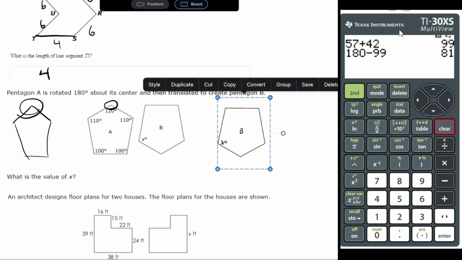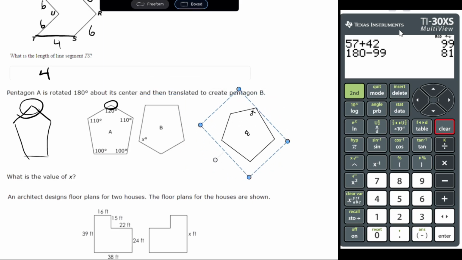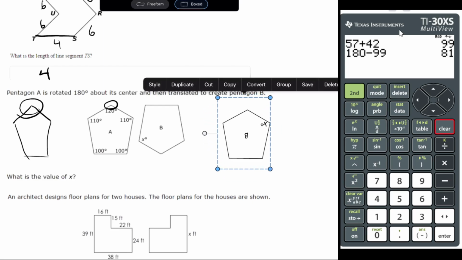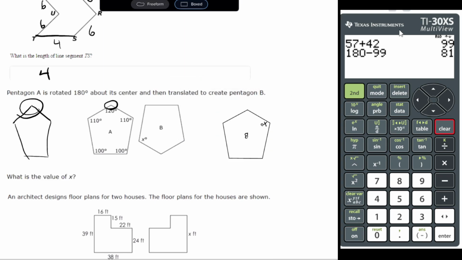You could take this shape and just turn your paper over, and you can go, okay, this is my original shape. I'm looking for the angle that is to the right of the point. So here's the point. The angle to the right of the point is 110.